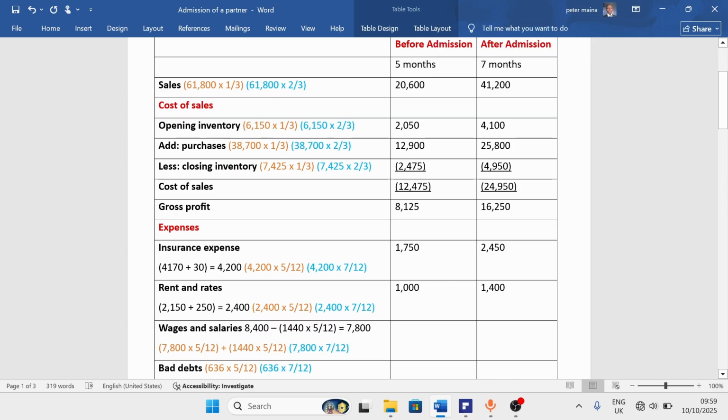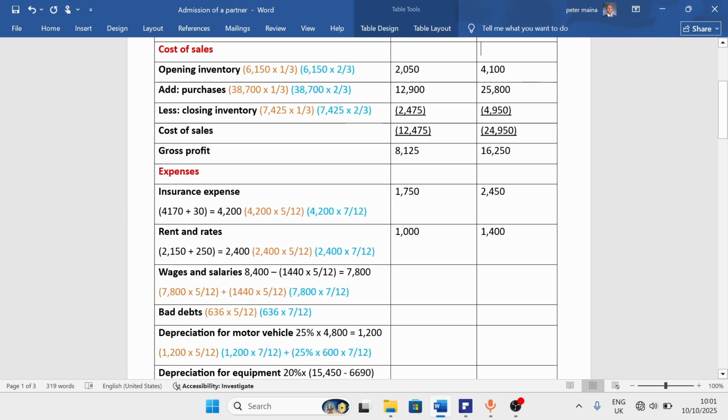Therefore, we don't want to apportion it the way we are apportioning other expenses. So the salary she was paid should only be included in the first 5 months and not in the last 7 months. So when you take 8,400, you deduct the salary that was paid to Carol in the first 5 months, you will be left with 7,800.